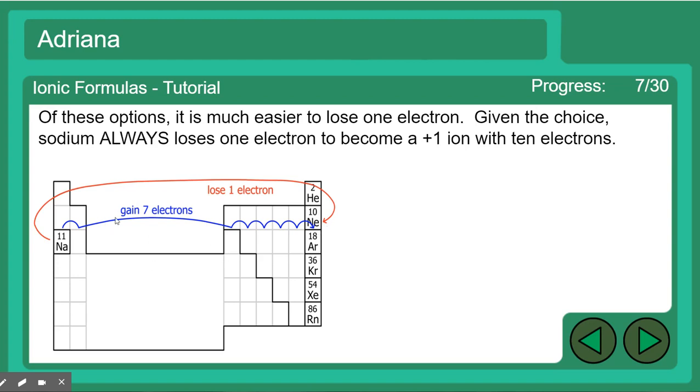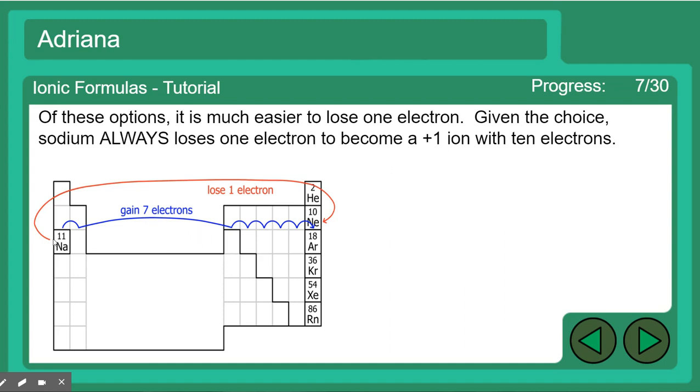Is it going to gain 7 electrons or is it going to lose 1? Well, for a variety of reasons. First of all, because of the simplicity. But second of all, sodium is not a very electronegative element, right? It's not spending a lot of time or energy pulling electrons toward itself. This is just not going to happen. It is not going to pull 7 electrons to itself from other atoms. That is not going to happen.